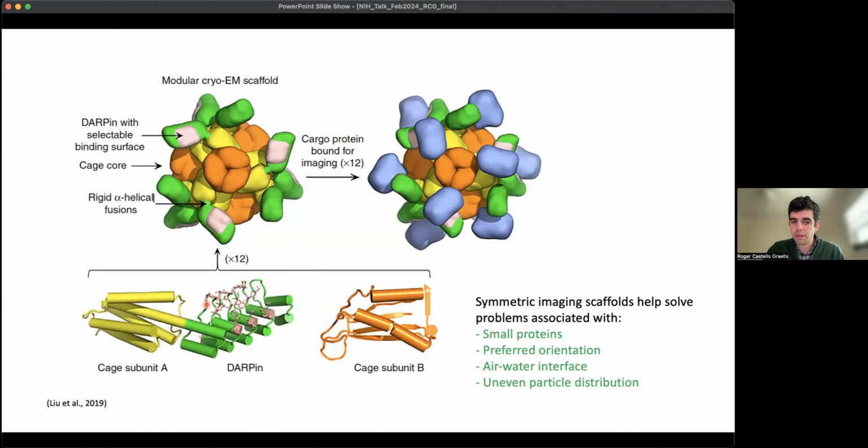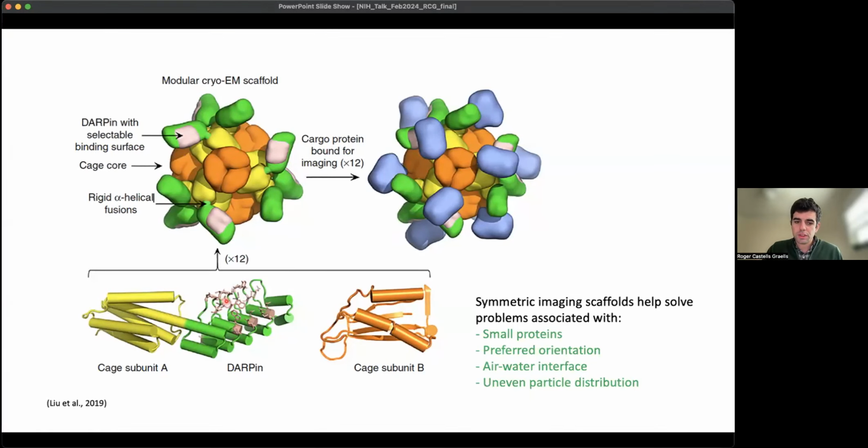So what is possible to do is to generate libraries of DARPins with millions of combinations for the residues in these loops. And then using different techniques, like for example, yeast display or ribosome display, you can then select the DARPin that has the highest affinity against your protein of interest.